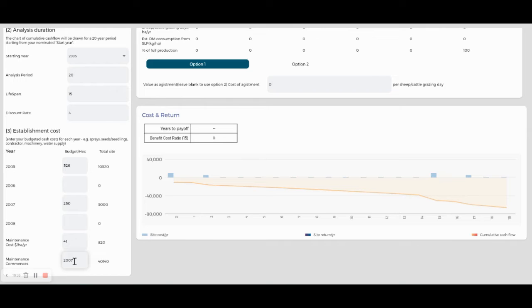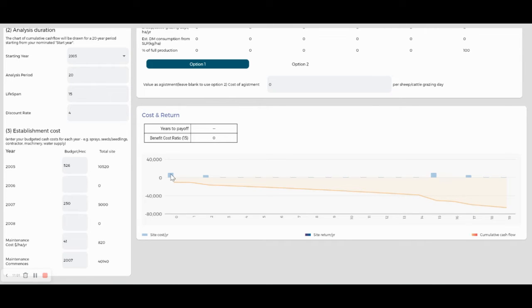So at this point, we've entered all the costs associated with getting the site up and running, and we can have a look at the costs and returns at this point. There are no returns incorporated, so what we're looking at is the total cost, and we've got a graph here.